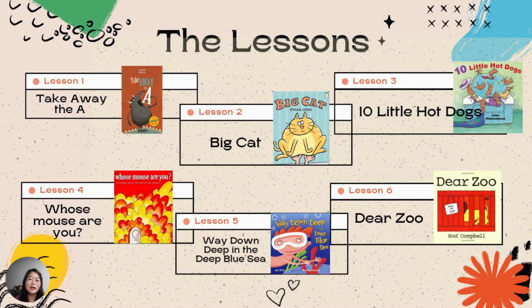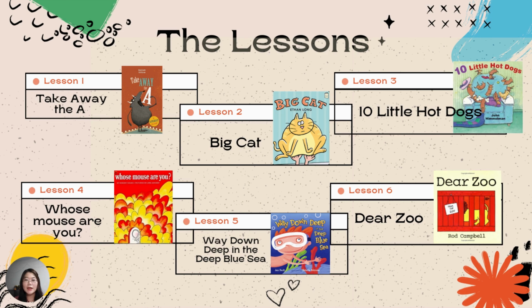It means that if you take away just one letter, the A, so the beast, B-E-A-S-T, will be the best. For example, without the W, the witch, W-I-T-C-H, has an itch, something like that. And this one can also help students to recognize the word families.